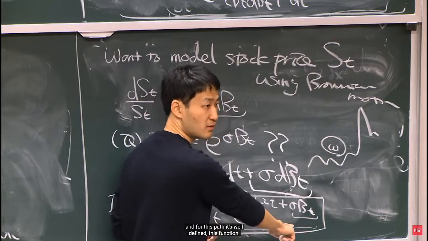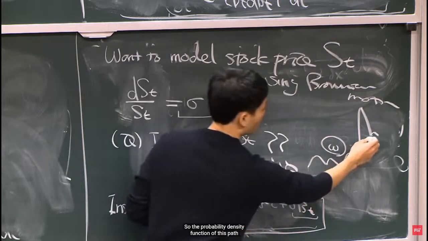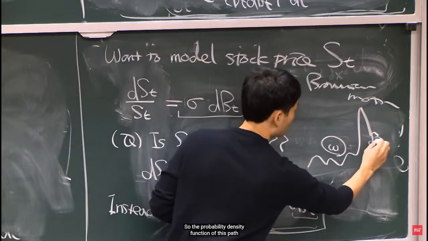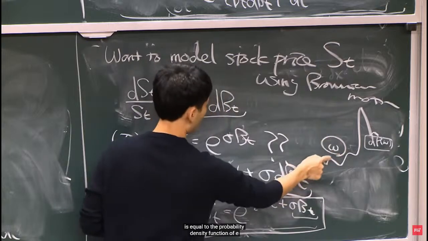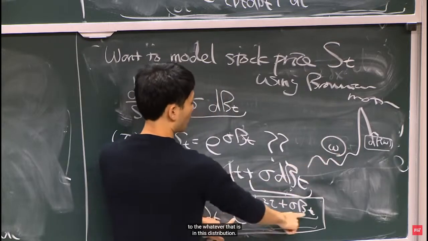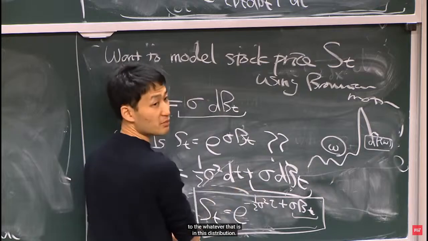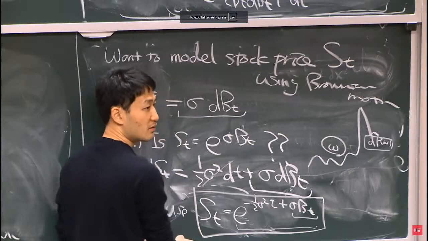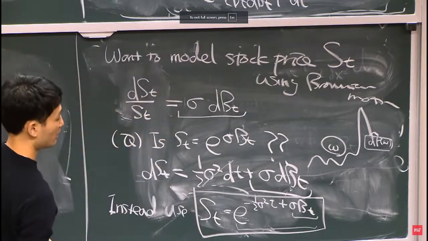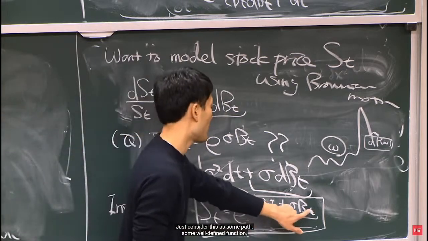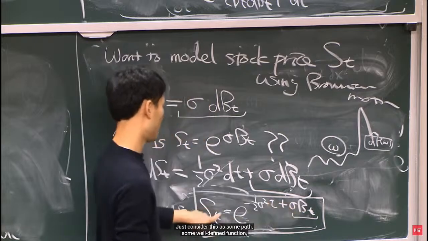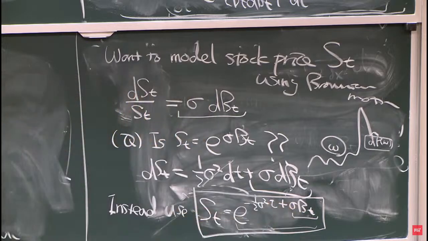So the probability density function of this path is equal to the probability density function of e to the whatever that is in this distribution. Okay, maybe it confused you more. Just consider this as some path, some well-defined function.